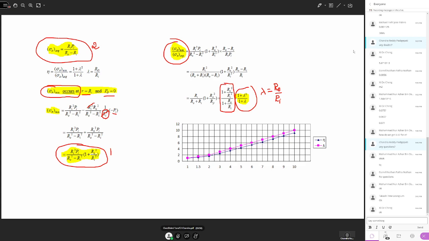This result tells us that the ratio of maximum tangential stress over average tangential stress depends on the outer radius and inner radius ratio. Then you need to plot this in terms of lambda.